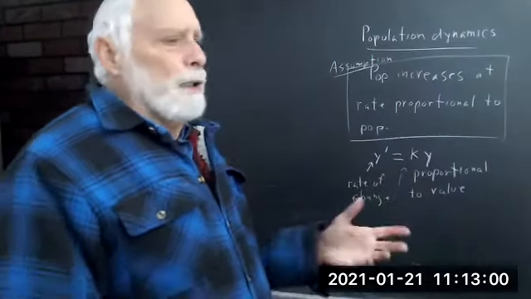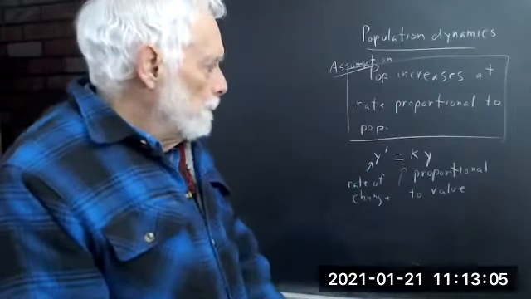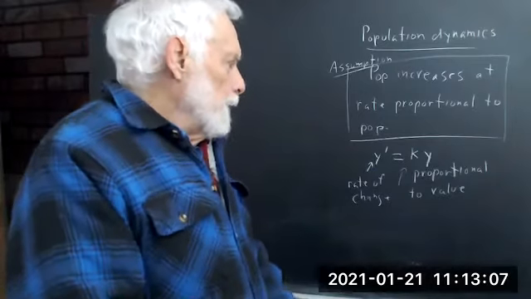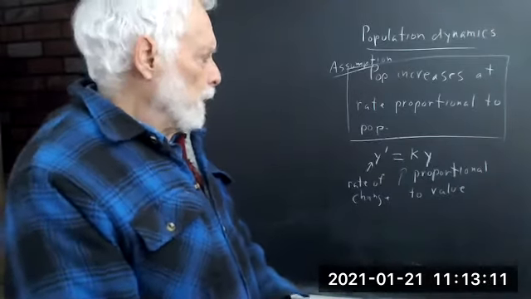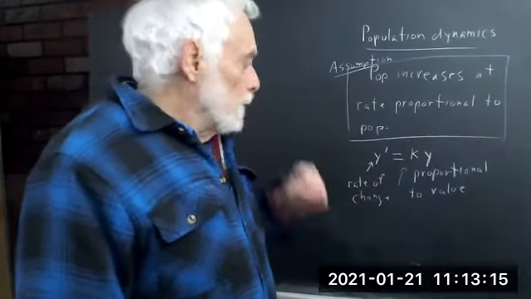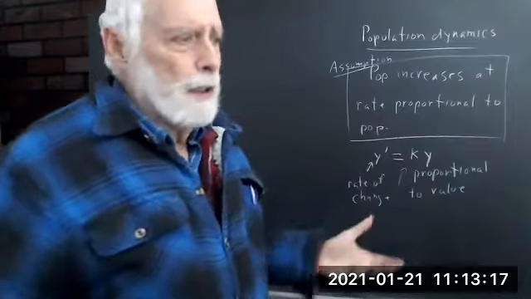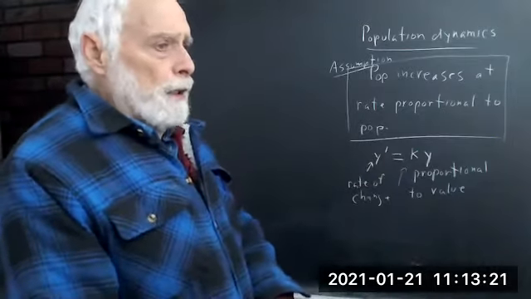Now, populations usually don't behave that way when you have a death rate. If your death rate starts exceeding your birth rate, there are usually things going on that make this model not quite applicable, although it still gives you some indication.